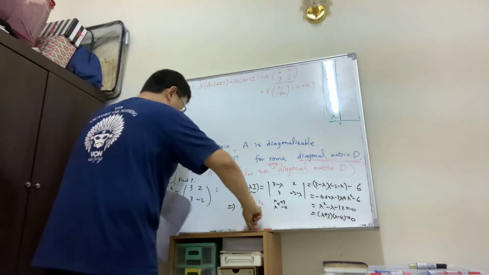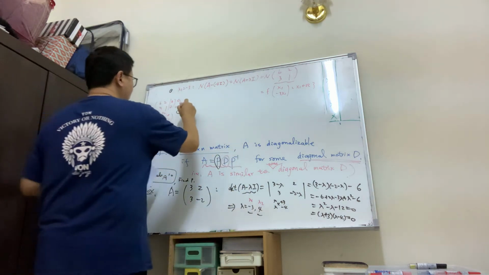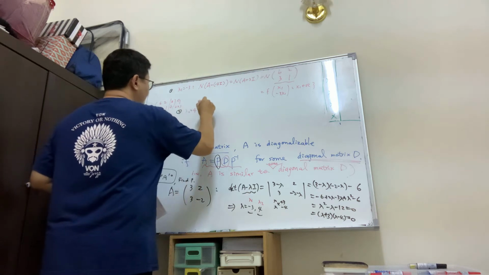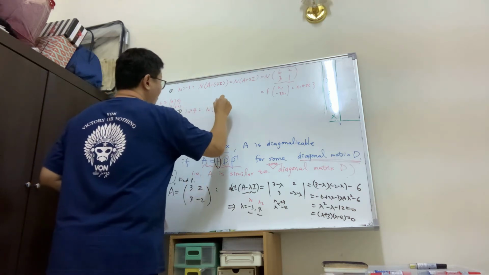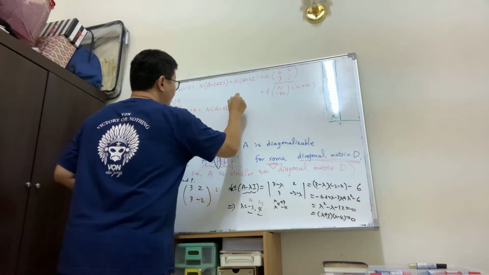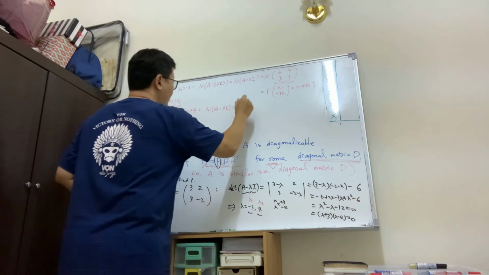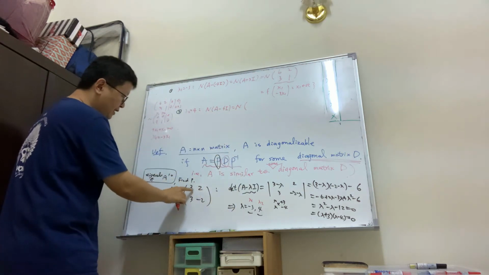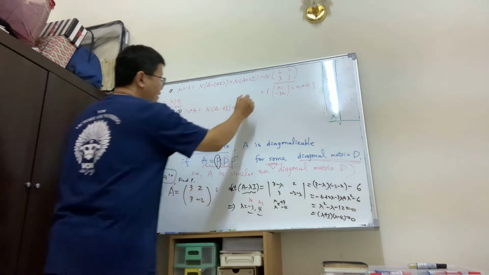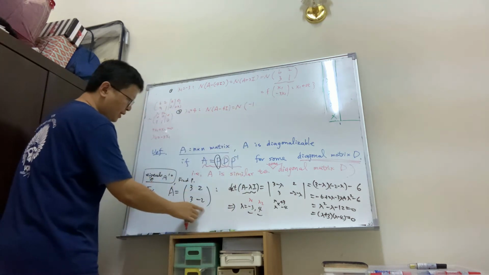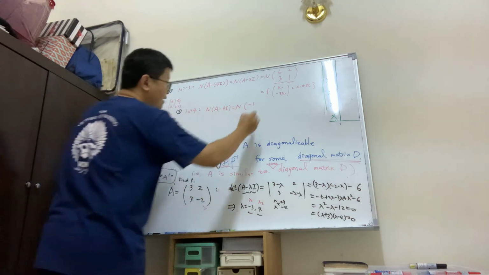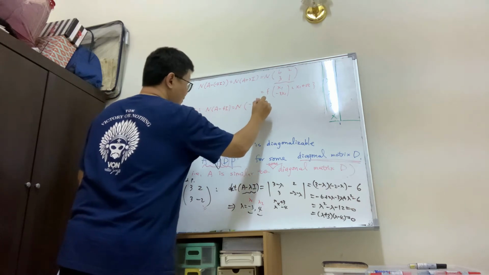And lambda 2 is 4. The null space of A minus 4I is exactly what we need, so we subtract 4. 3 minus 4 is negative 1. Negative 2 minus 4 is negative 6.